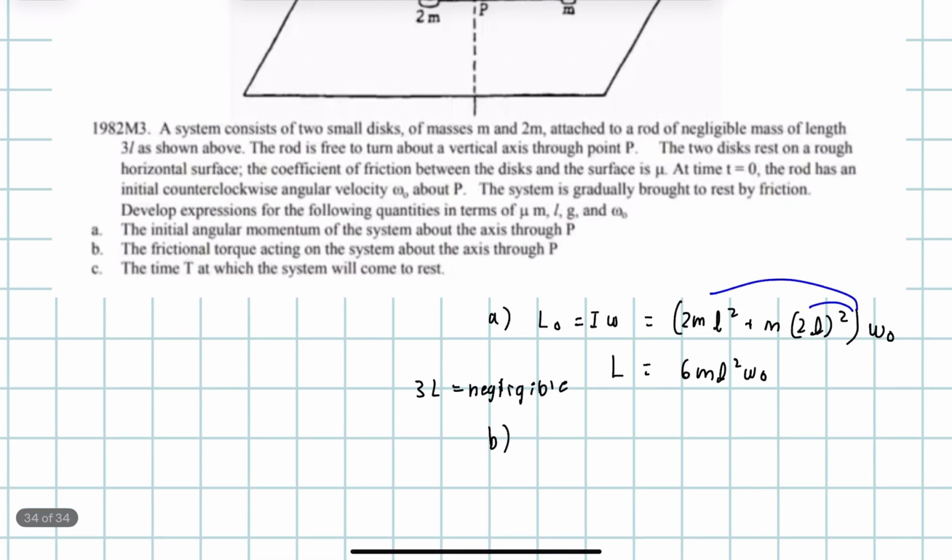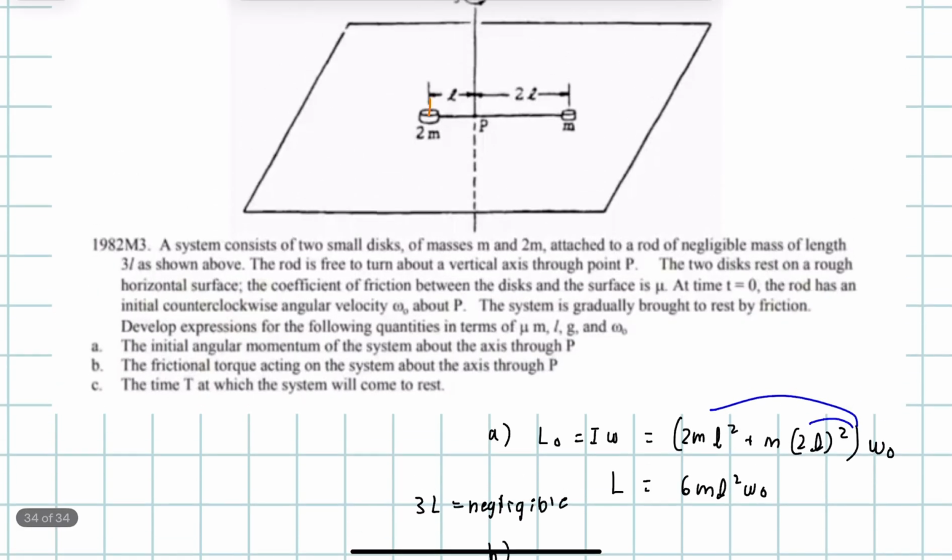The frictional force acting on the system about the axis through point P. So we know that this is going to be 2mg, and over here this is going to be equal to mg, because it's double the mass. And that's Fn.